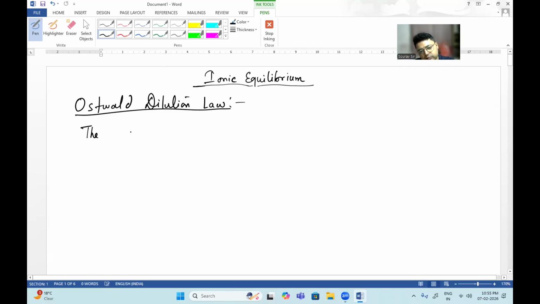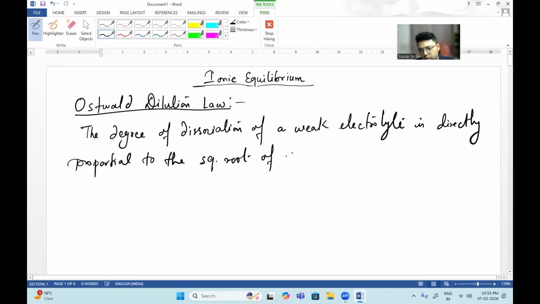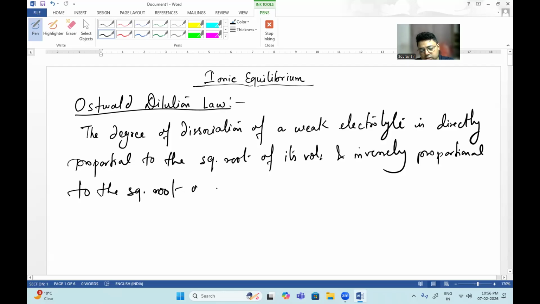The degree of dissociation of a weak electrolyte is directly proportional to the square root of its volume, and inversely proportional to the square root of its concentration.